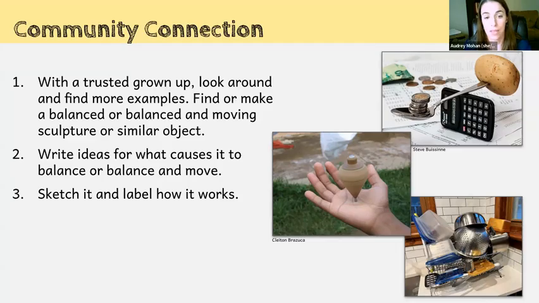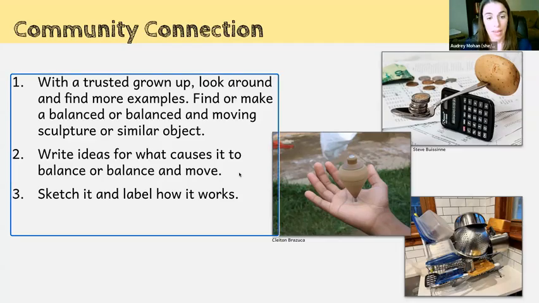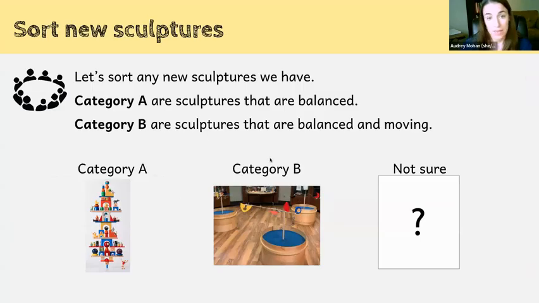They bring those sketches back into the classroom, and we take those sketches from our community connection. So maybe they saw a balanced sculpture in a local park. I have a park here that has a balanced and moving sculpture that has butterflies. So maybe I would sketch the butterflies on this sculpture and bring it back in. And I would want to put my example into category B.